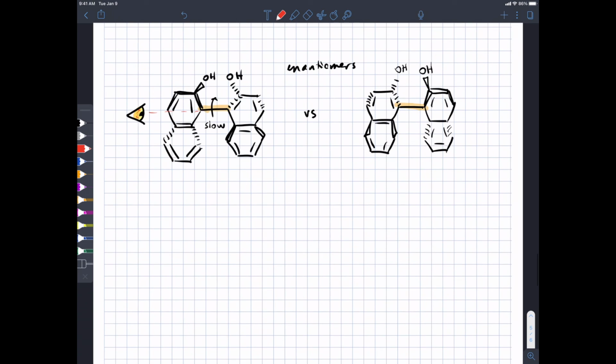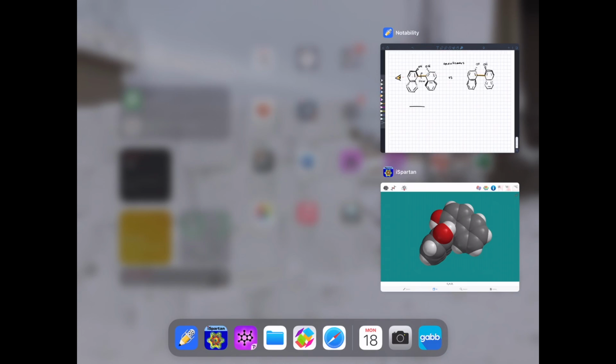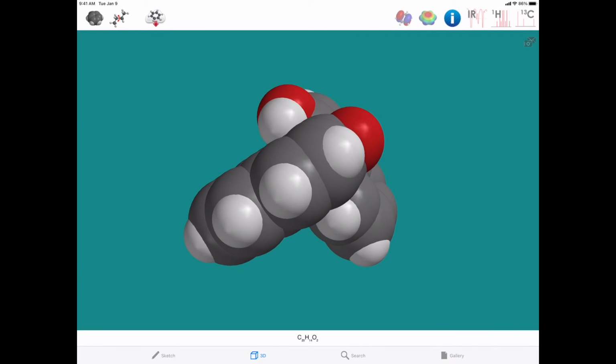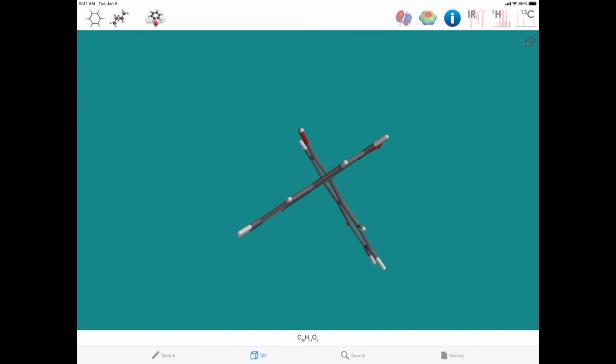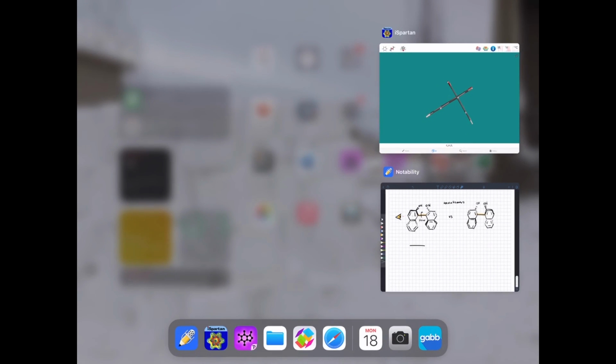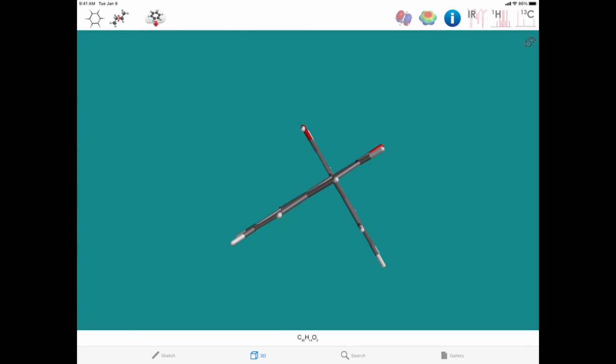And let's see what we would see. So let's imagine we're looking down the molecule in the plane of this ring. And we'll actually do that here in the stick setting. Let me make sure. Yep.